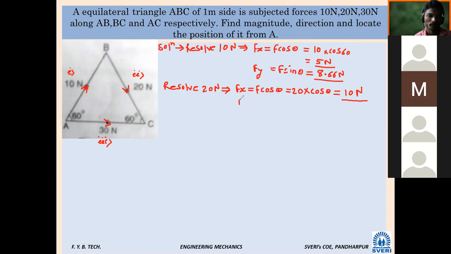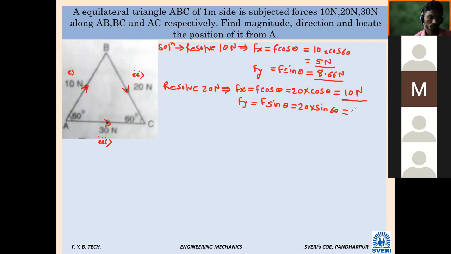What about Fy? Fy is equal to F sin theta. Tell me the value. 20 into sin 60. Tell this value. 17.32.